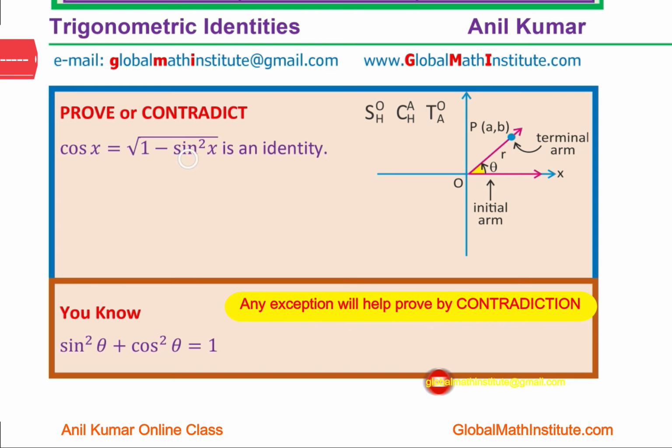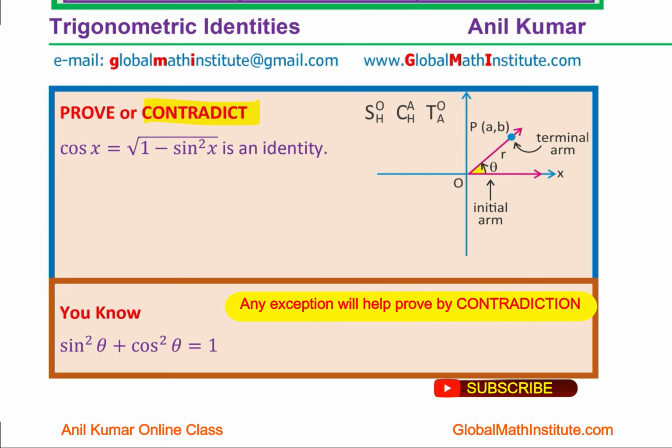Well, one way is as we did for cotangent, you remember. The other thing is the concept of contradiction. As I told you, an identity is always true. So if I take a value for which this is not true, I have shown that this statement is incorrect. You get the idea, right? So let's take an angle.